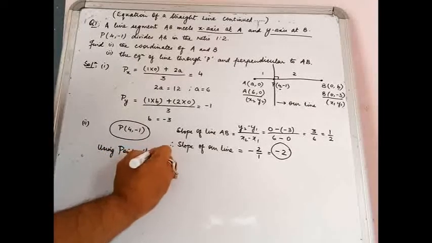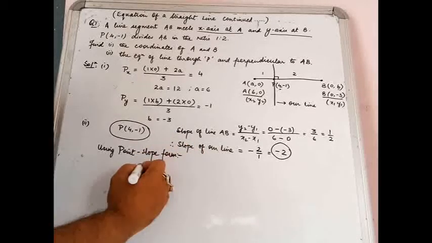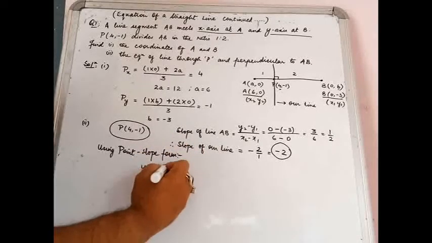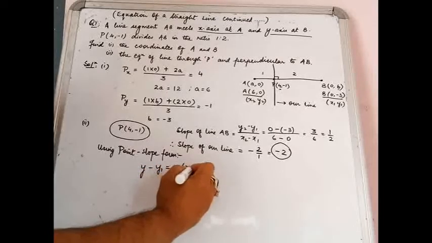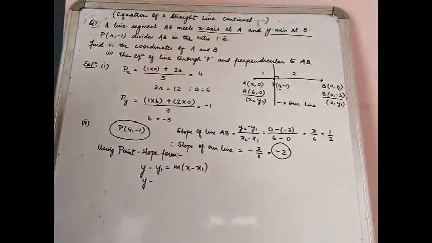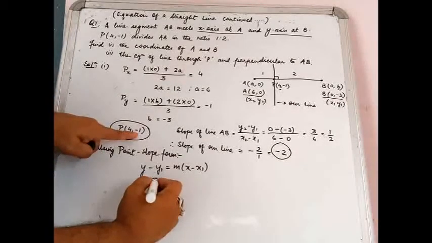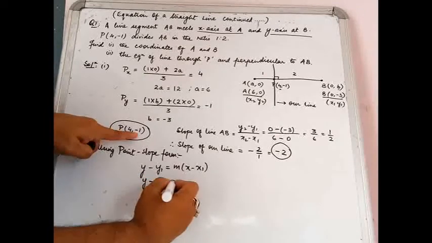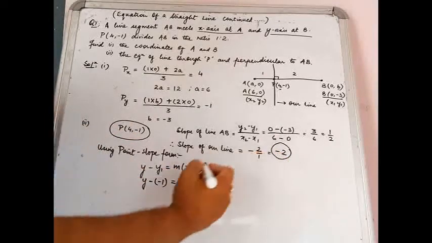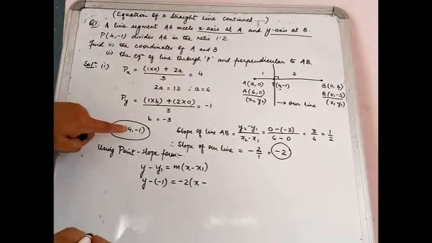So using the point slope form, we can say y minus y1 is equal to m times x minus x1. So y minus, now y1 over here, what is the point? This point. So y minus of minus 1 equals m, and m is minus 2, times x minus x1, where x1 is 4.